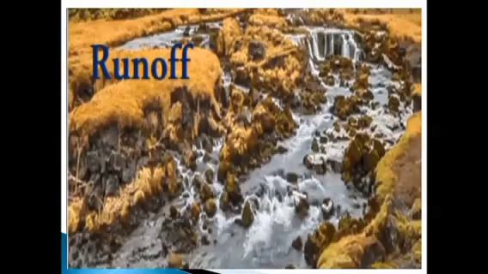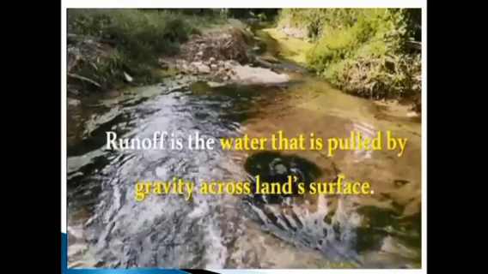Next, we are going to see the last and final major component in the water cycle process, that is runoff. Now let's see the definition of runoff. Runoff is the water that is pulled by gravity across land's surface.